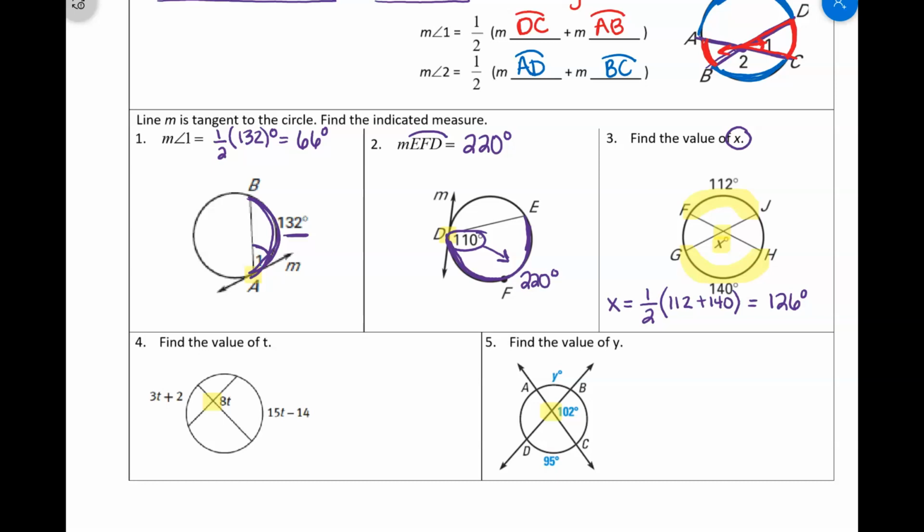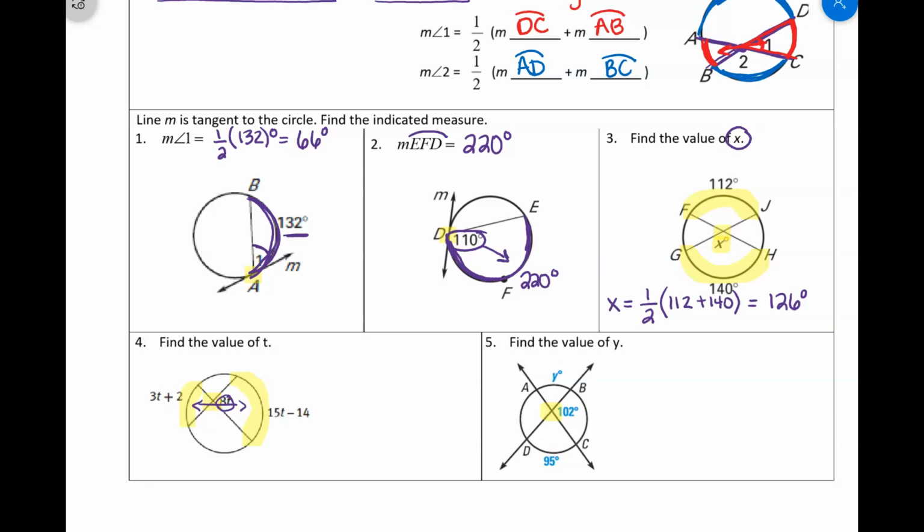Now, question 4, a little bit more algebra comes in here. This time it's asking us to find t, and 8t is representing the angle. Again, these are the arcs that 8t is dealing with, which are together like vertical angles.